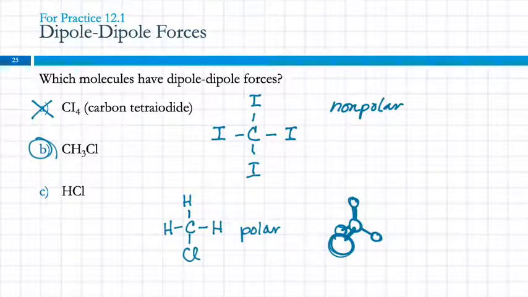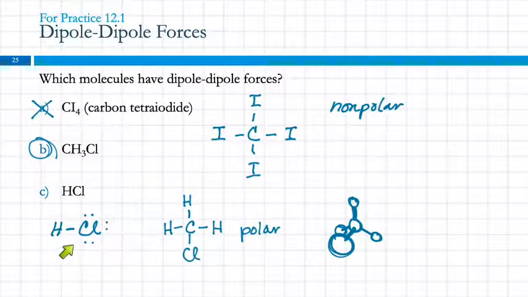What about HCl? If we draw its Lewis structure, you could ask yourself, well, are there lone pairs on the central atom? Wait, there's no central atom. Oh no, what do I do? There's only one bond. If the bond is polar, the molecule's polar. Is the molecule polar? How do we know?